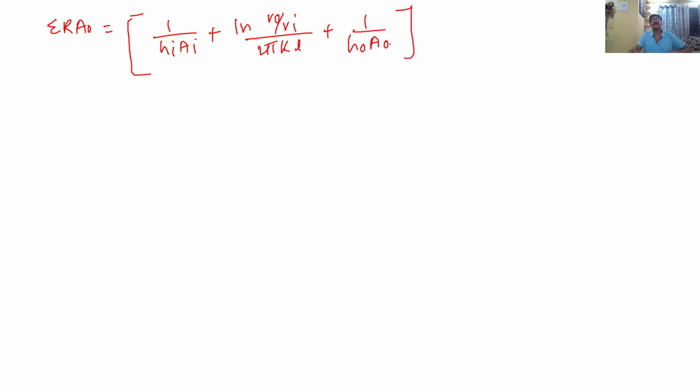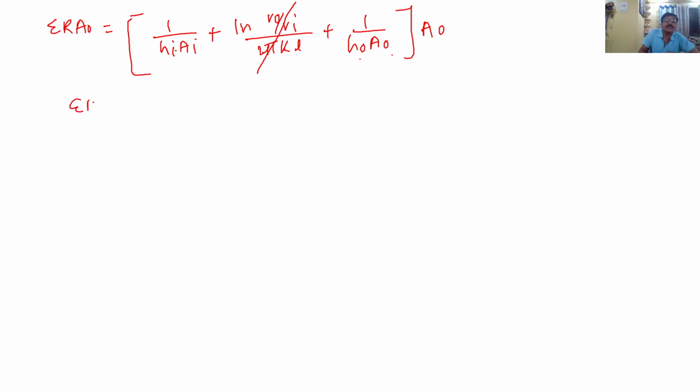So these are the three resistances in series: inner convective, conductive across the tube, and outer convective. If fouling is inside and outside, two more resistances are added, but fouling factors are not given, so we have neglected them. Now, as the value of thermal conductivity is also not mentioned, neglect this middle resistance.